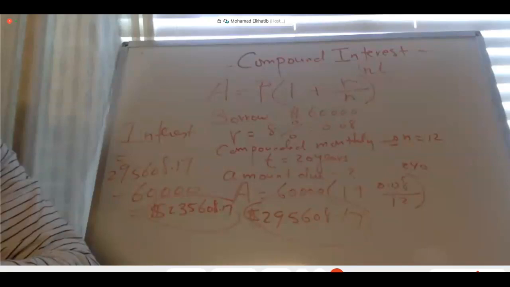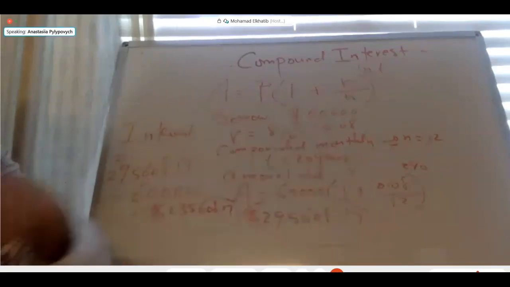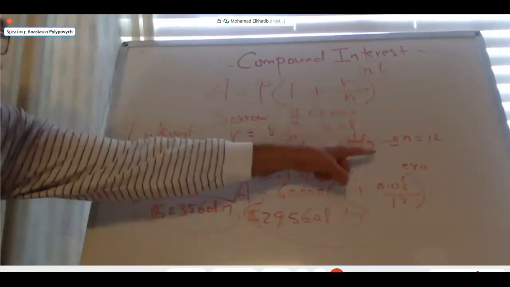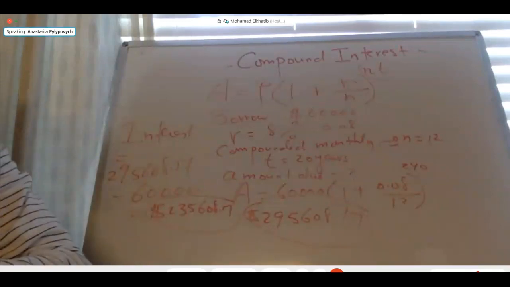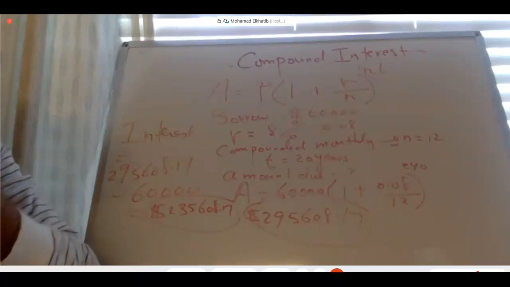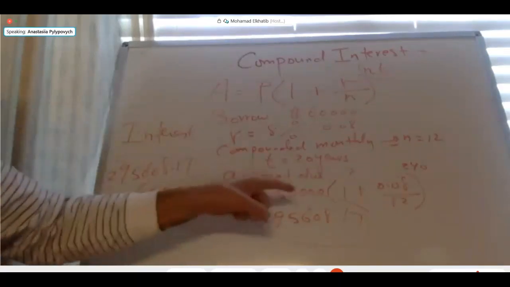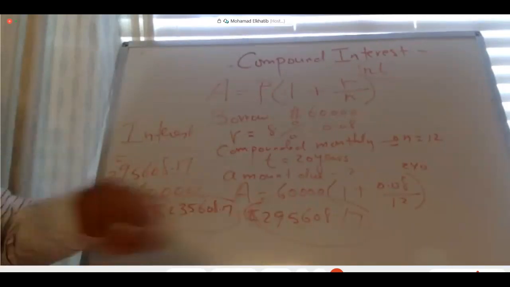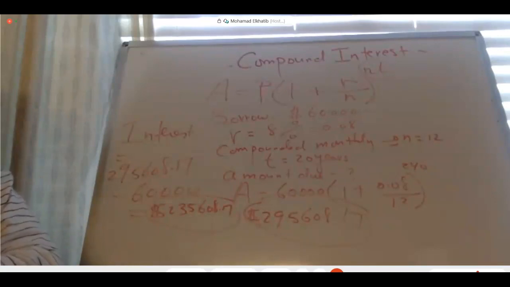Yes. Plus 1 equal. Yes. Now raise to the power 240 equal. Yes. Times 60,000 equal, and you're done. And you should get that number. And if you did, let me know.